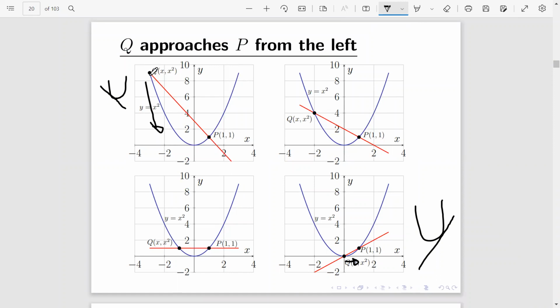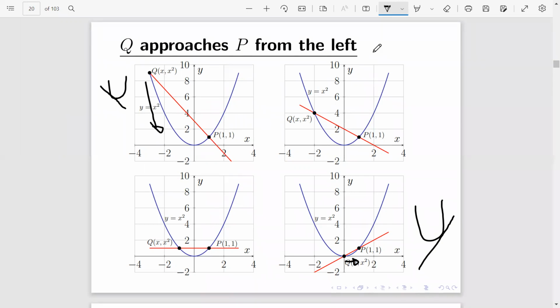As you can see, here we have -3, here -2, here -1, here 0. Remember that we want the x values to be closer to 1. So when Q is on the left, these values are less than 1, and we want to push them closer to 1 and see, by substituting.